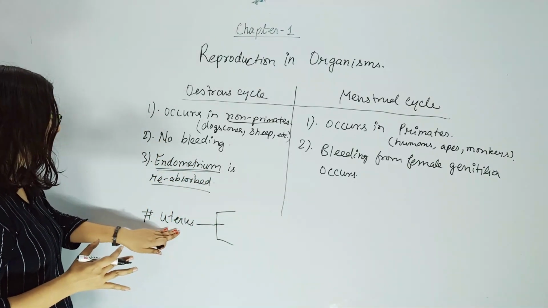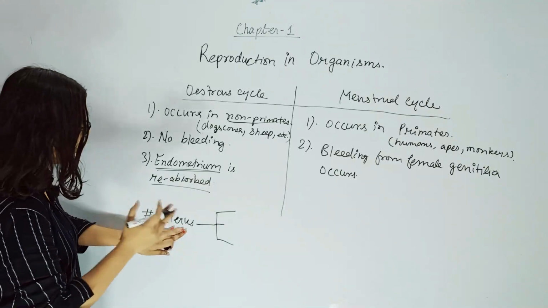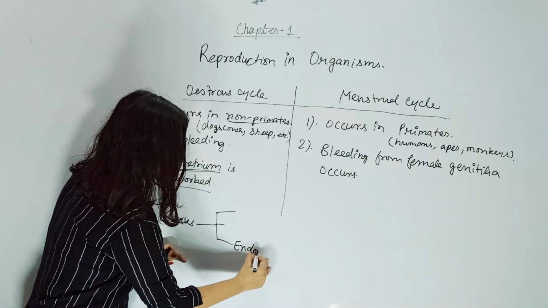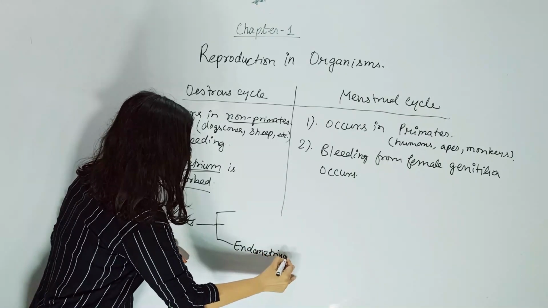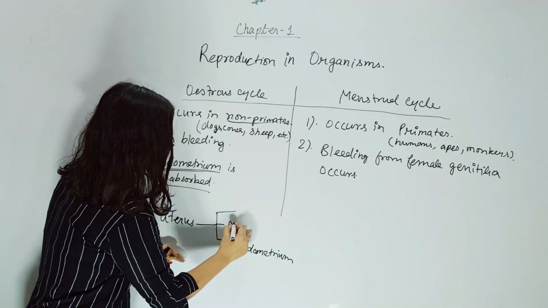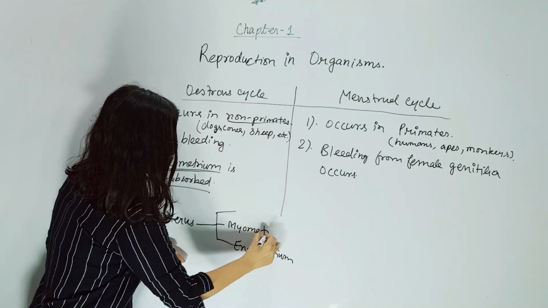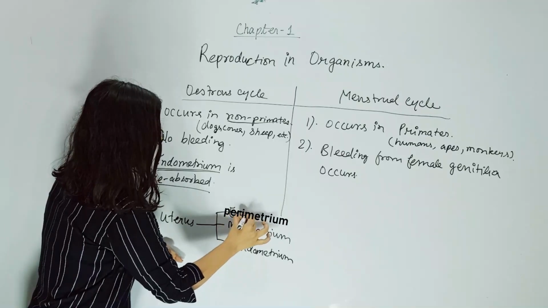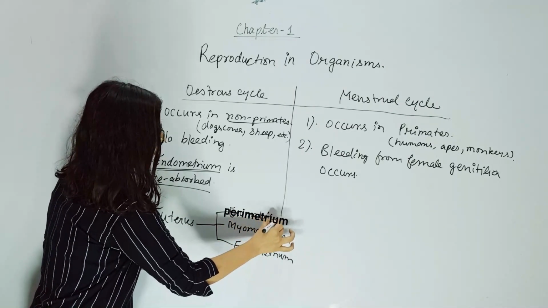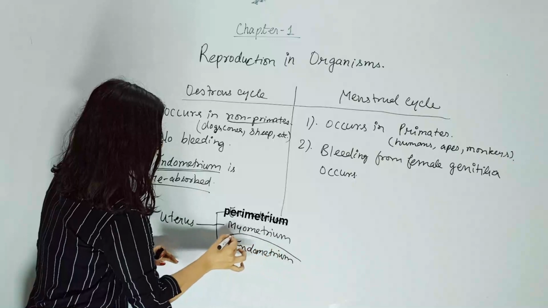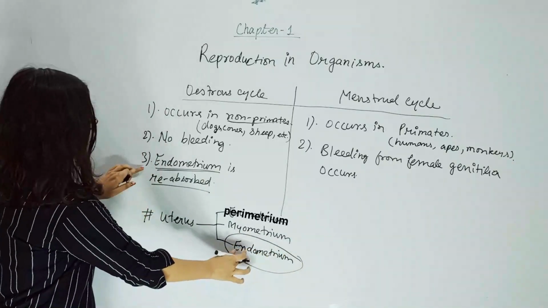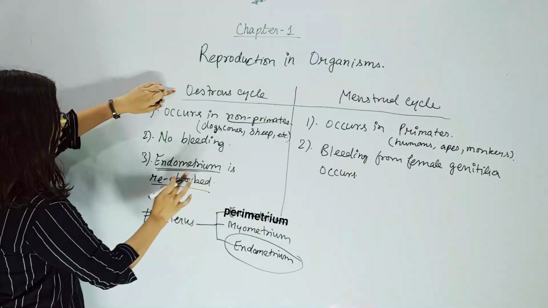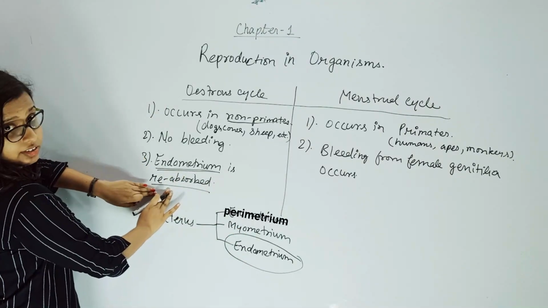In the same way, the uterus is lined by three layers. The innermost one is the endometrium. The middle one is the myometrium. And the outermost one is the perimetrium. So this endometrium, in case of the Estrus cycle, gets reabsorbed.